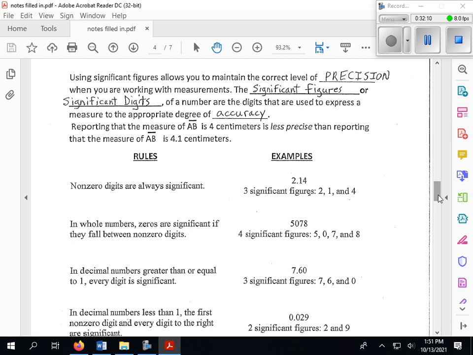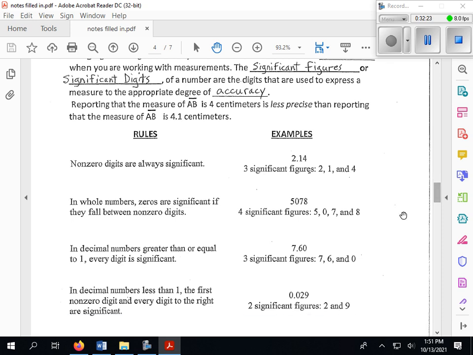The significant figures of a number are the digits that are used to express a measure to the appropriate degree of accuracy. The stuff that we're doing right now, we're going to do a little bit with it, then probably for the rest of the year, you want to use your brain to round stuff off and make sure that you're doing stuff correctly and not just go by every one of these rules.